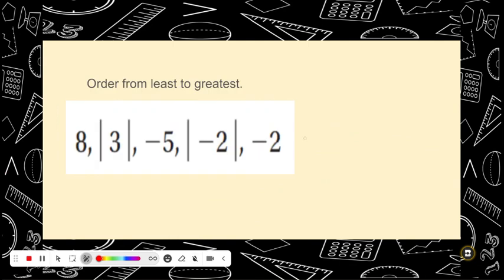Okay, order from least to greatest. And when you do this, you have to go back to the original numbers, the numbers that are given to you. So take a look at these numbers and which is the smallest one. So negative 2 is the smallest, and I cross off as I go. Okay, then we keep working our way up.